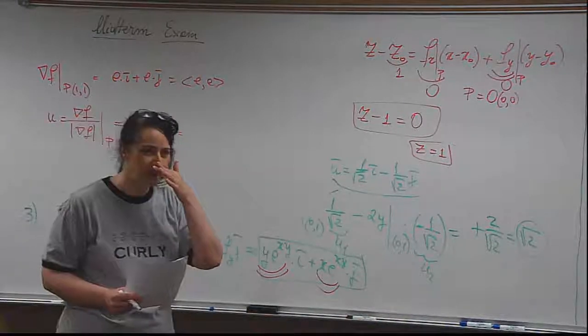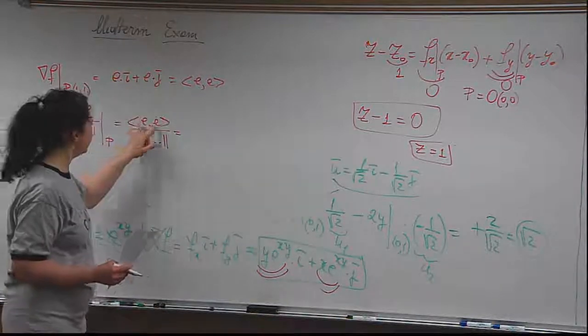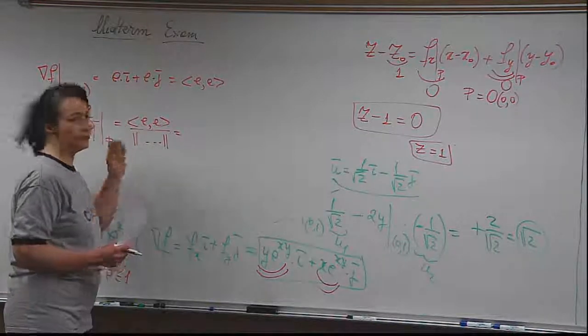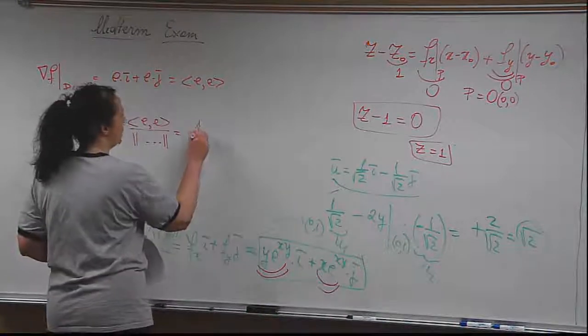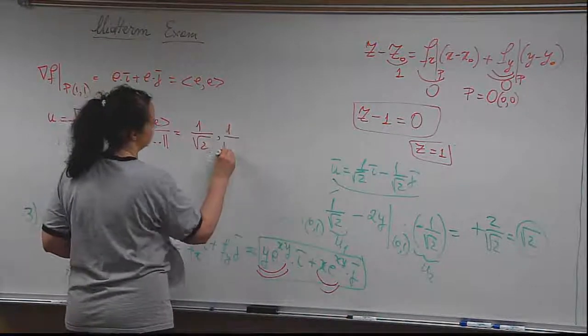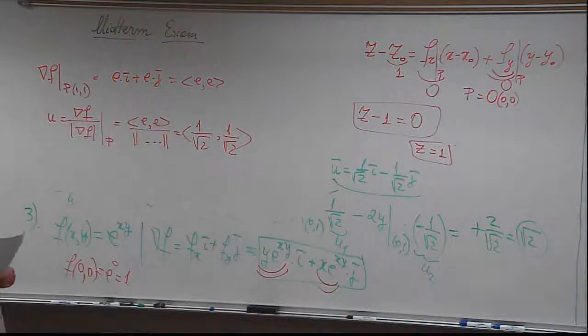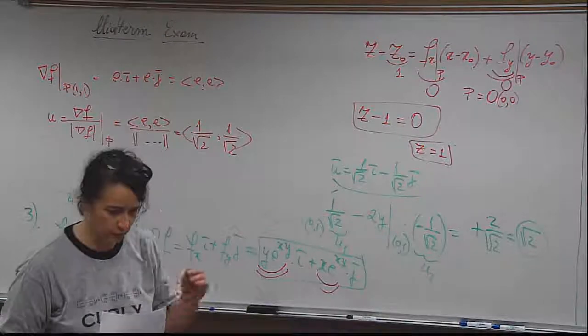Remember we talked about that uniqueness? This is what I tried to emphasize: you can have (7, 7), (e, e), (9, 9), (5, 5), (100, 100), and if you divide by the norm, you still get the same answer. Not (1, 1), but (1 over root 2, 1 over root 2). So no matter what you had there, even a million something instead of e, you still have the same u.